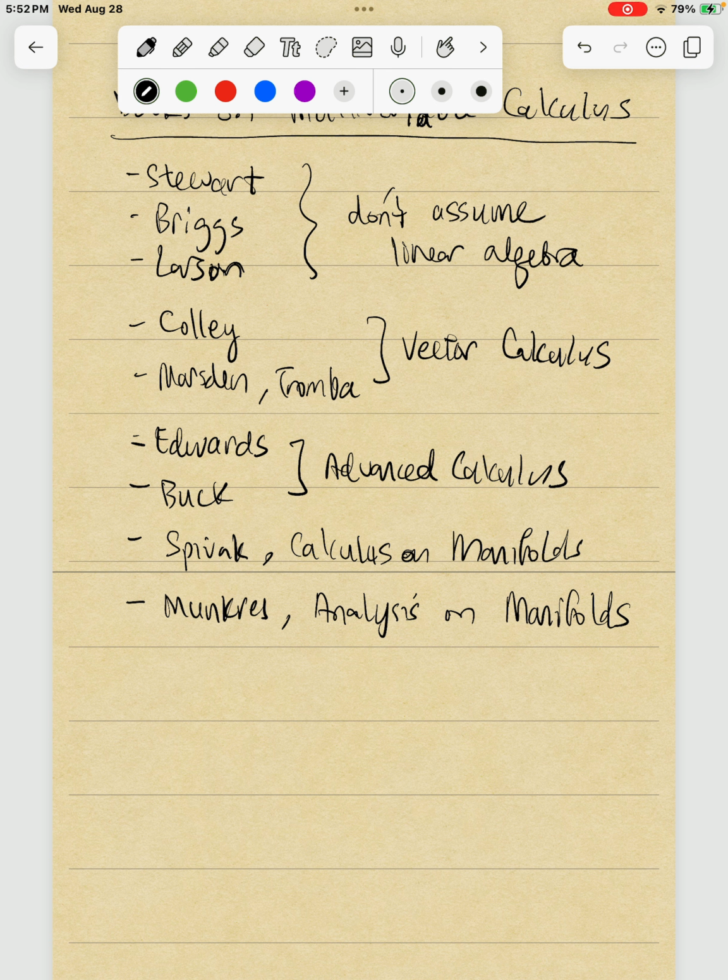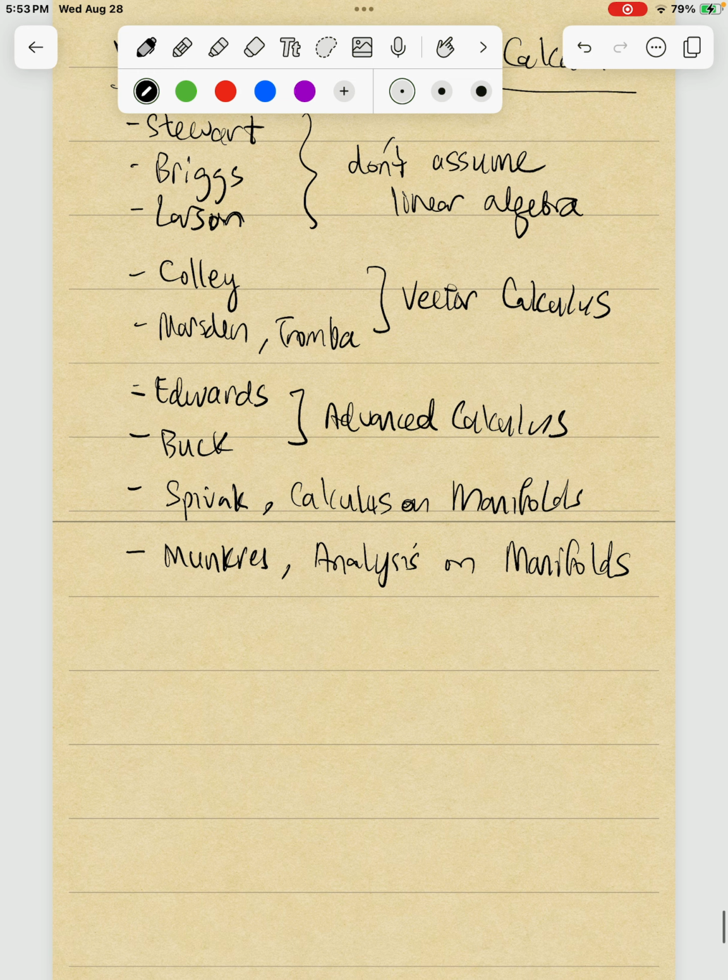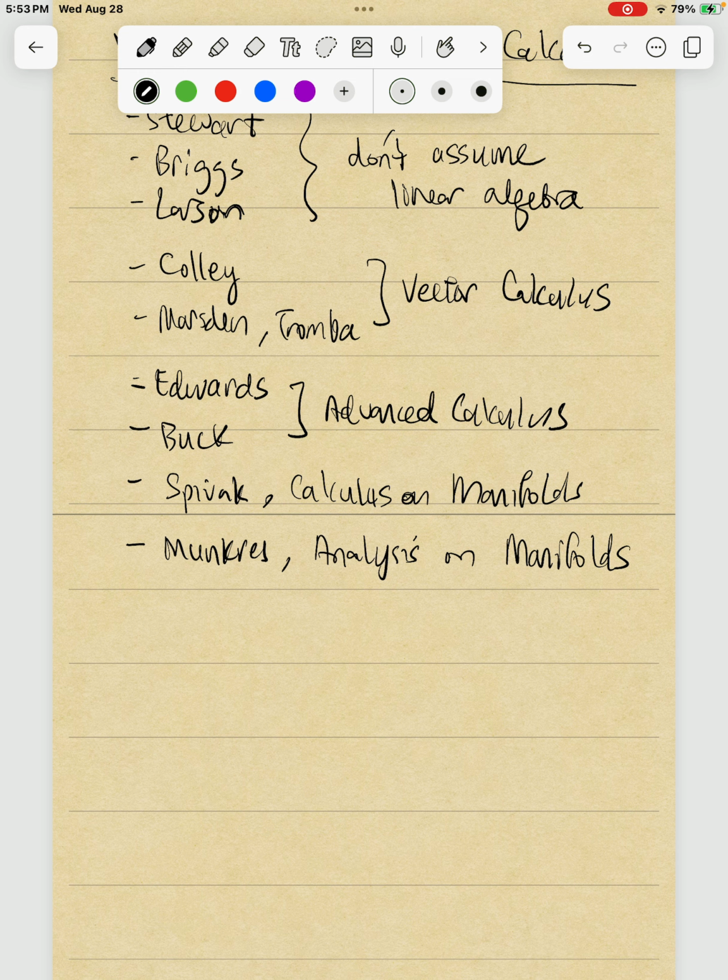The explanations are more thorough and they're clearer. And then the Stewart, Briggs and Larson books are mainly for engineering students or computer science. Okay, so this also goes roughly in order of theory. The latter ones are much more heavy on the theory and have less computational examples.